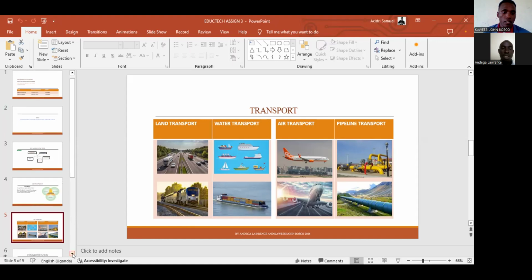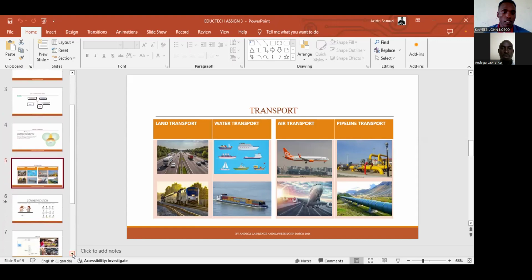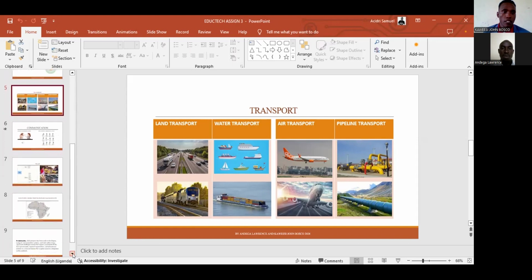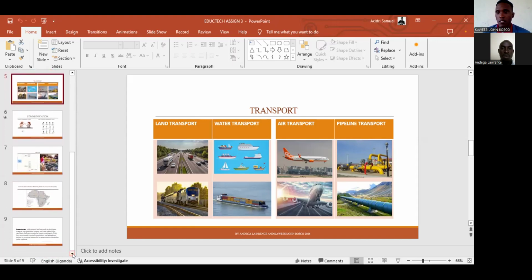And this can be coal, petroleum, oil, and many other things. So it is movement of oil from one place to another, and it can also be water.